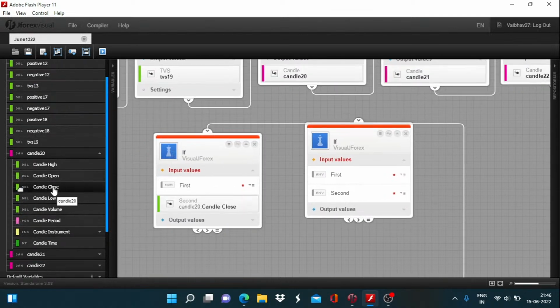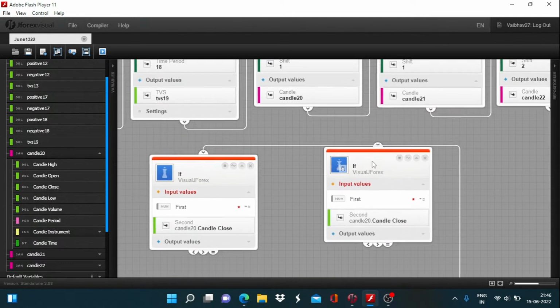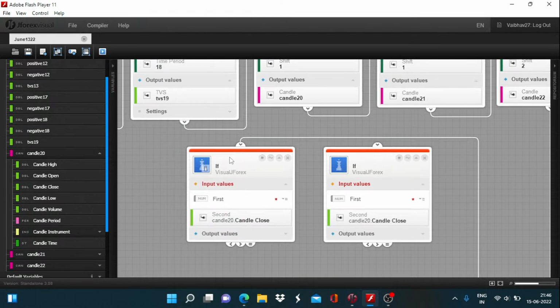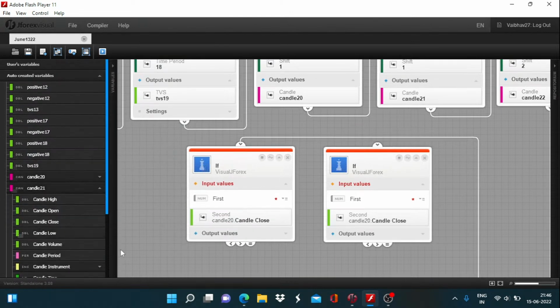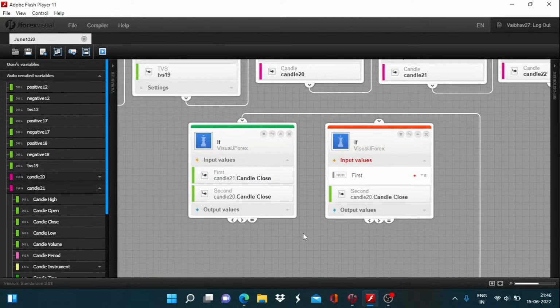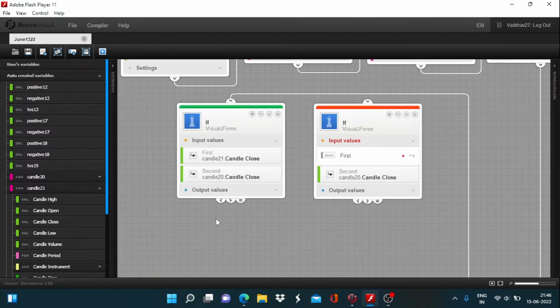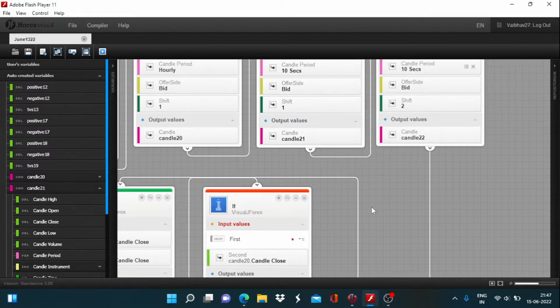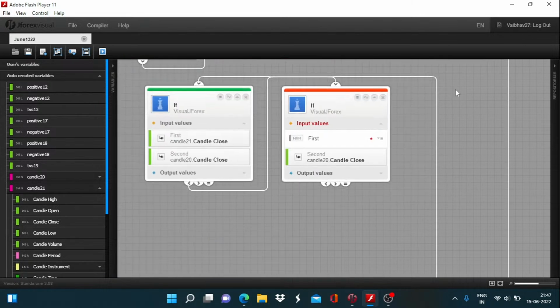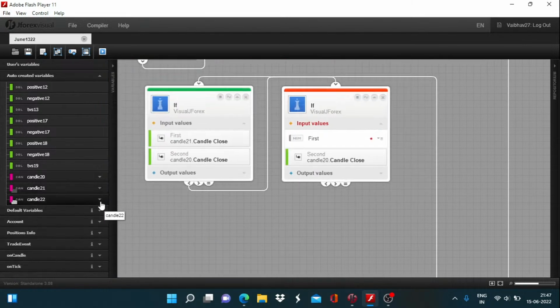So I will take this as the common input. Candle 21st, candle close, it needs to have been less as it was the last 10-second candle, whereas candle 22nd, it should have closed on the higher side.